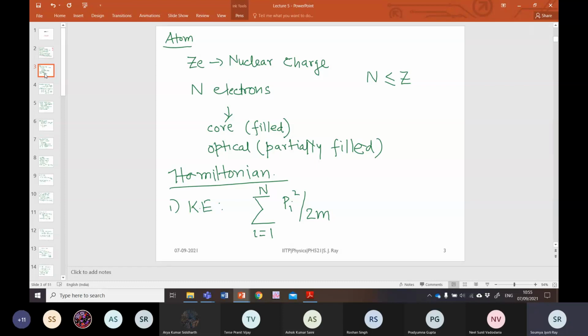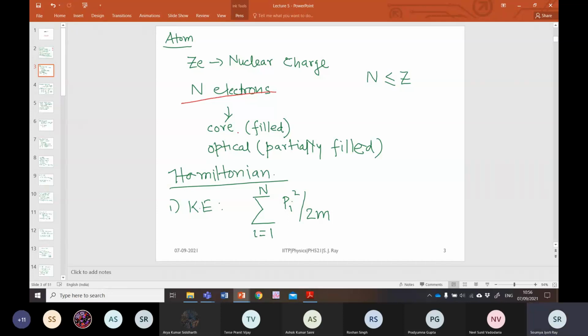That is true, but we will take the general case, because if we want to look at certain specific cases, it's better to use two different numbers. Here Z is the atomic number, which means the nuclear charge will be equal to Z times e, and there are n electrons.